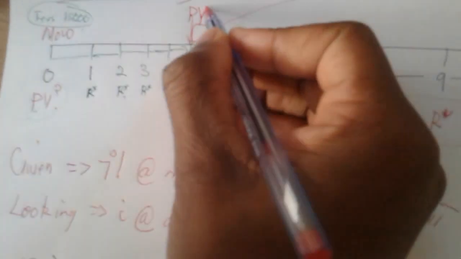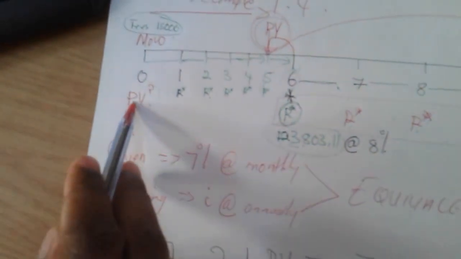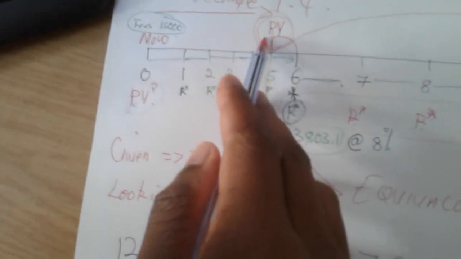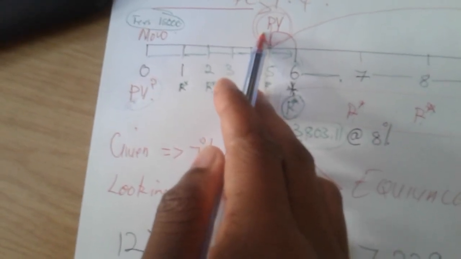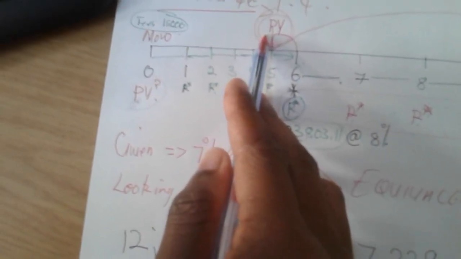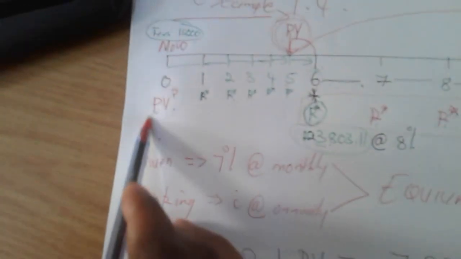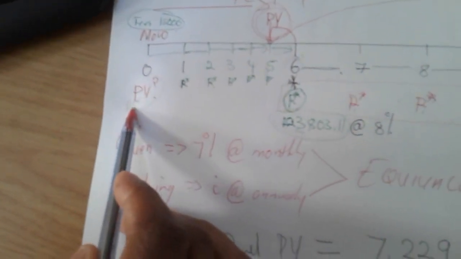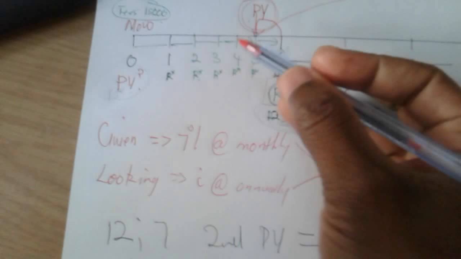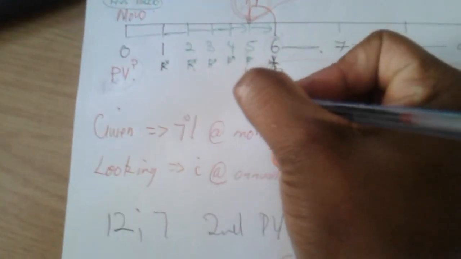Now once you have this answer here, then you can come back at 0 and say, okay, when I'm standing here, what do I call this? It's not present value. Future. Remember, I am not standing here. I'm standing there at 0. So, what do you call an amount that is at the end of year 5?